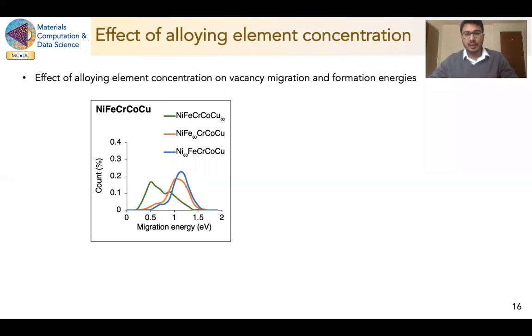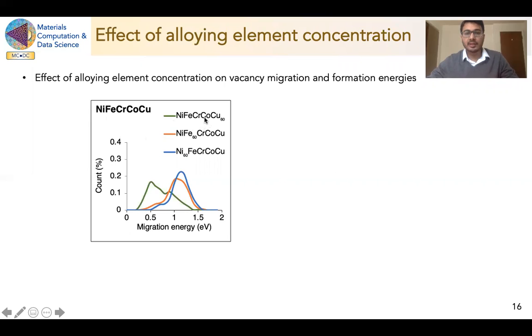Now, lastly, I want to show some interesting observations from our calculation results. In this slide, I'm showing the effect of varying element concentration on vacancy migration and formation energies. This plot shows the vacancy migration energies in this quinary base alloy.